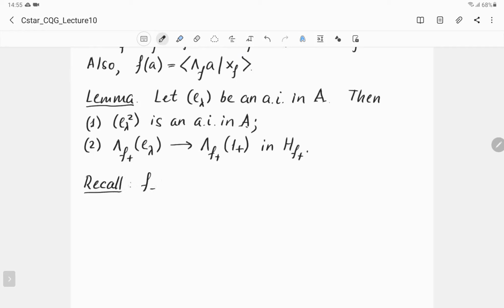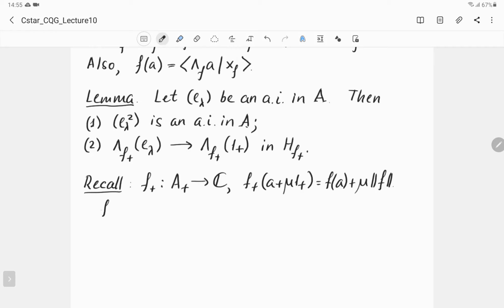So f plus is defined on A plus by the following formula. This is f of a plus mu multiplied by the norm of f. This is the canonical extension of f to the unitization.